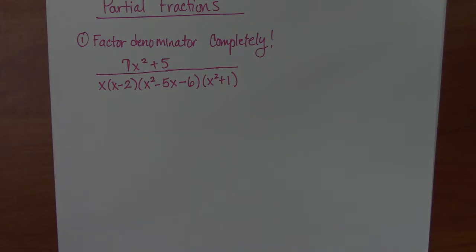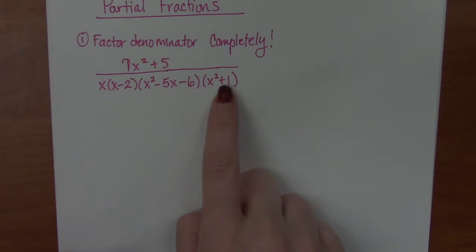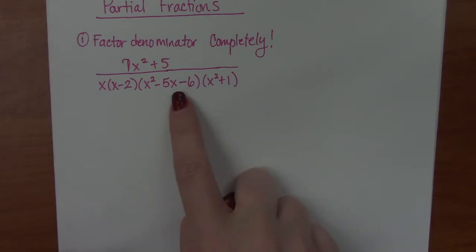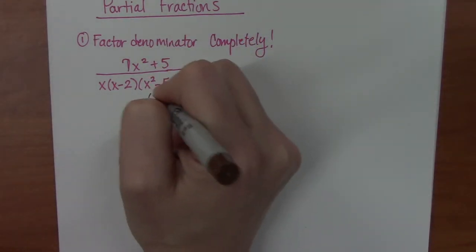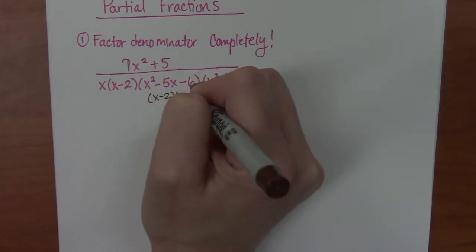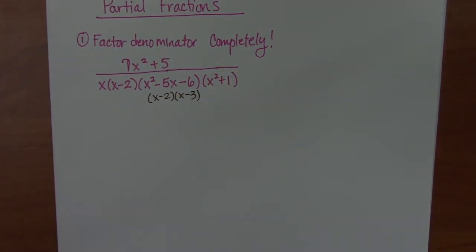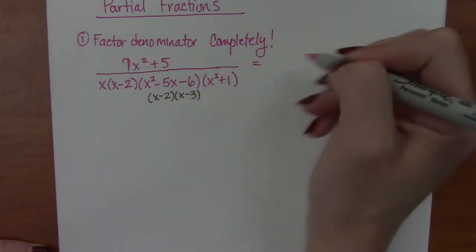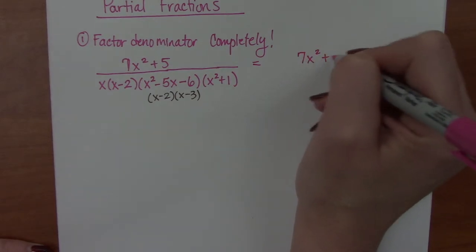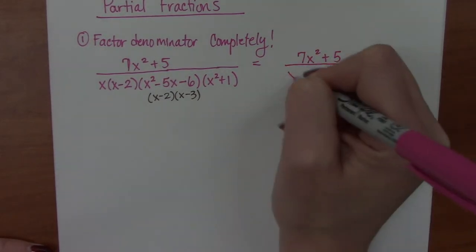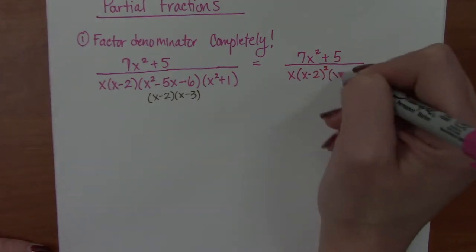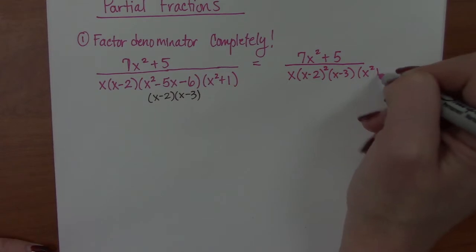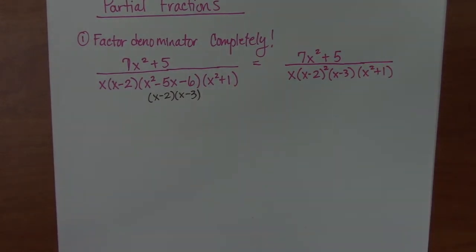It's okay to have quadratics, but the quadratics have to be irreducible. This guy will not factor. You can't factor x squared plus 1, okay? But this will factor. And it factors into x minus 2, x minus 3. So if you rewrite this expression completely factored, what you actually have is x minus 2 squared, x minus 3, x squared plus 1.